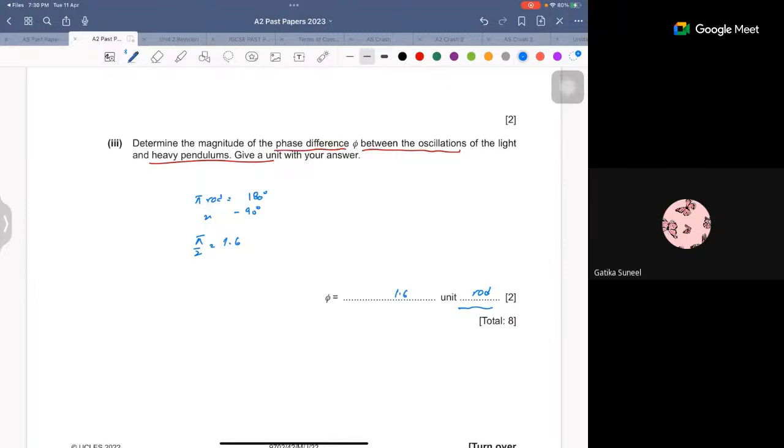That's the multiple of it: 90 degrees plus 360 degrees. What is that? 450. If pi radian is 180, then what is 450? Cross multiply, please.